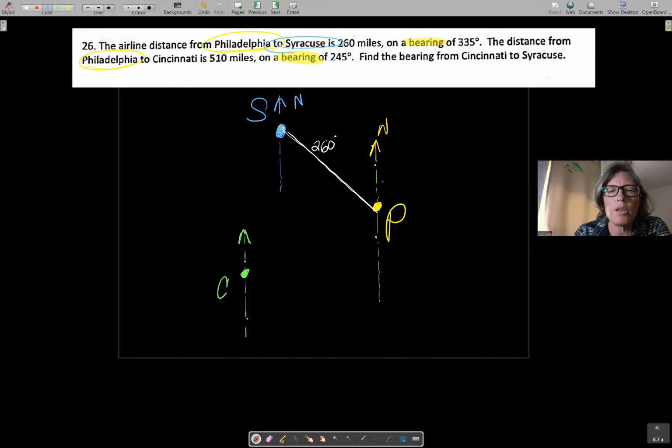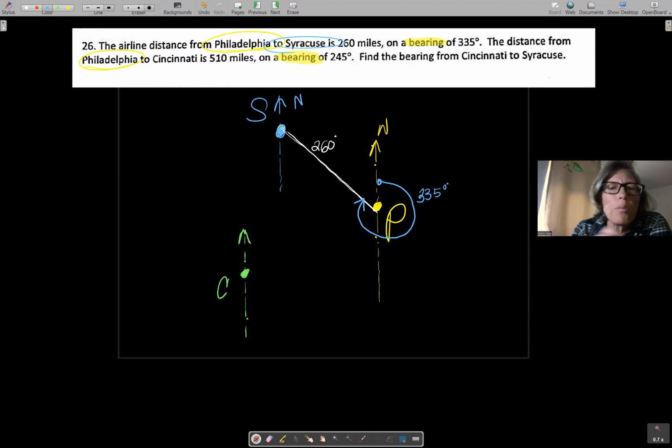Starting from this north line, we go 335 degrees around, and that is the 335.